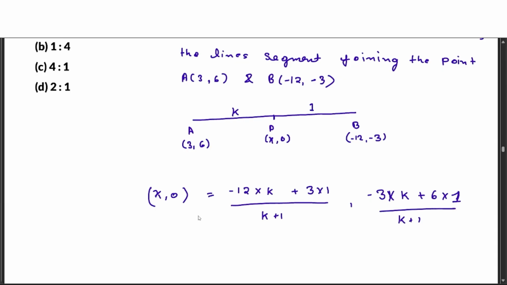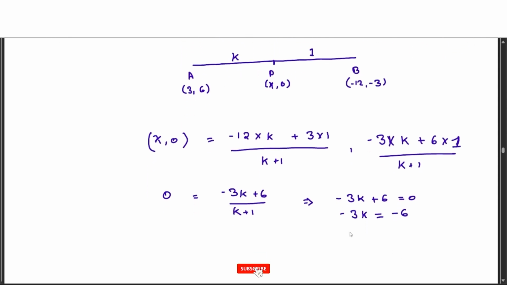Okay, so we already know y, we will take y axis, so we can say 0 is equal to minus 3k plus 6 over k plus 1. So k plus 1 goes that side, it will multiply with 0, it will become 0. So we can say minus 3k plus 6 is equal to 0. So minus 3k is equal to minus 6, which means k is equal to minus 6 over minus 3. You will get k is equal to 2.